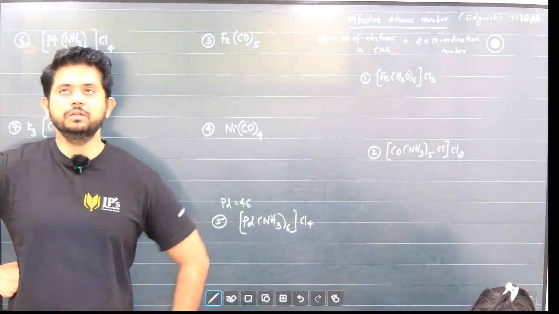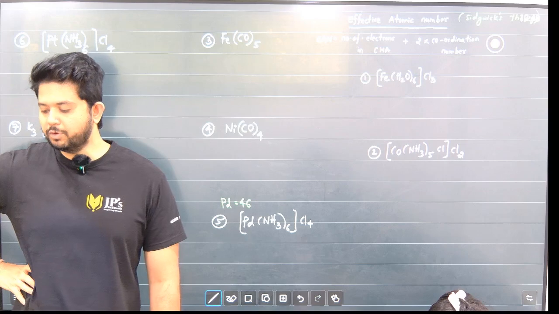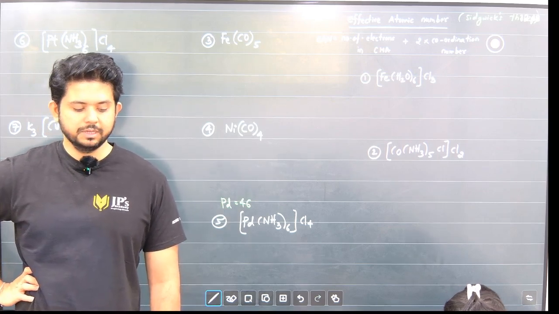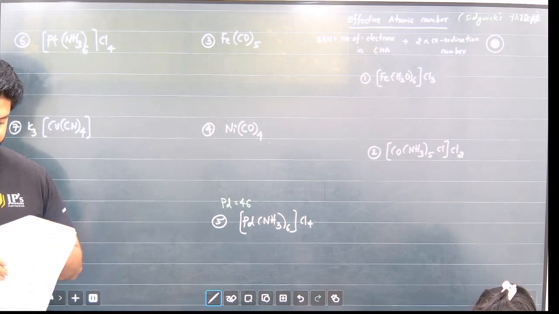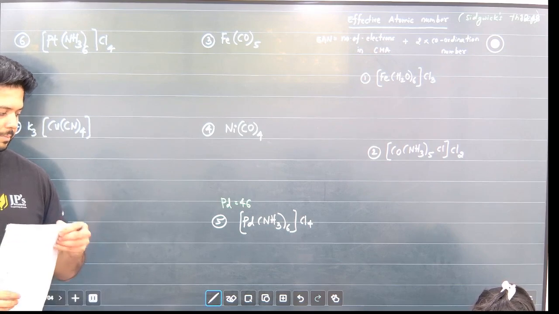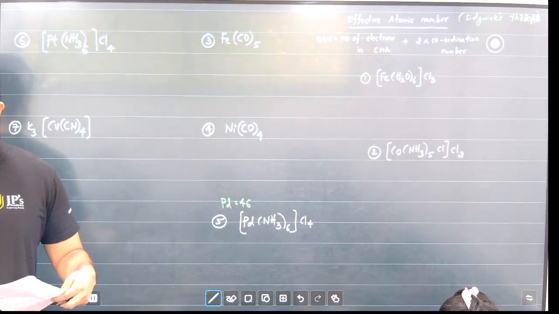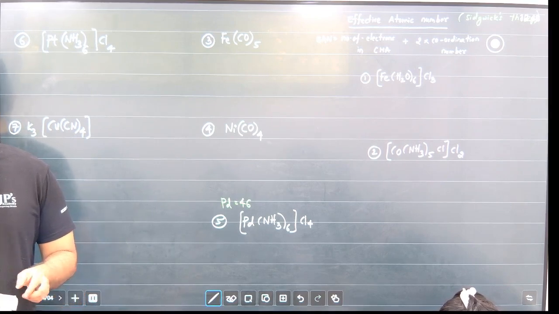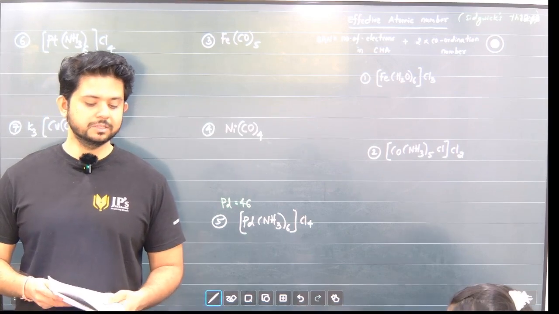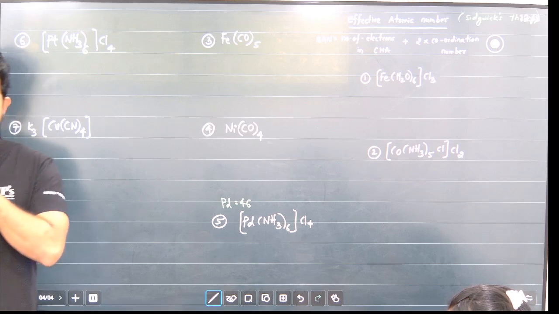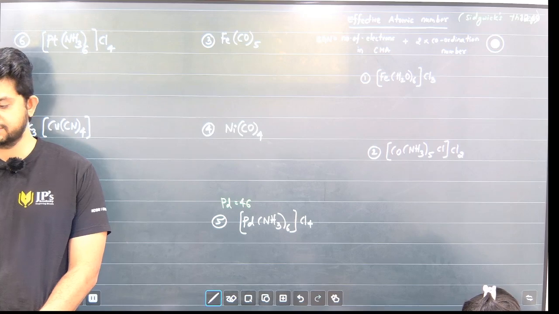The central metal atom or ion will continue accepting electrons till the total number of electrons, including those donated by ligands, becomes equal to that of the next noble gas.